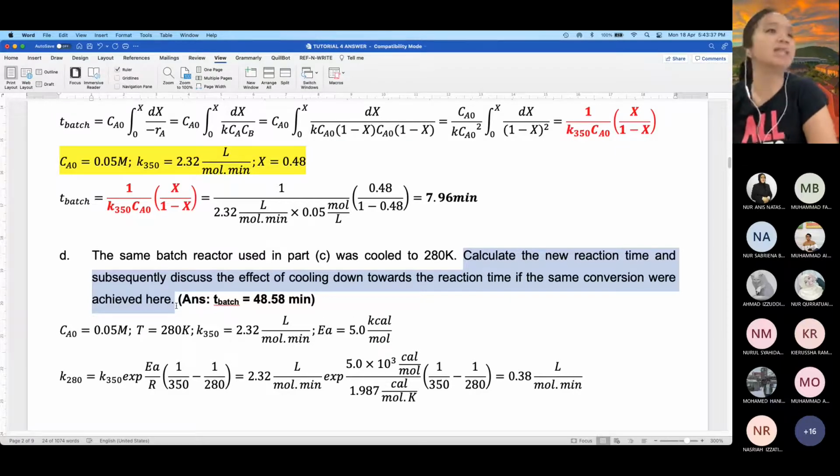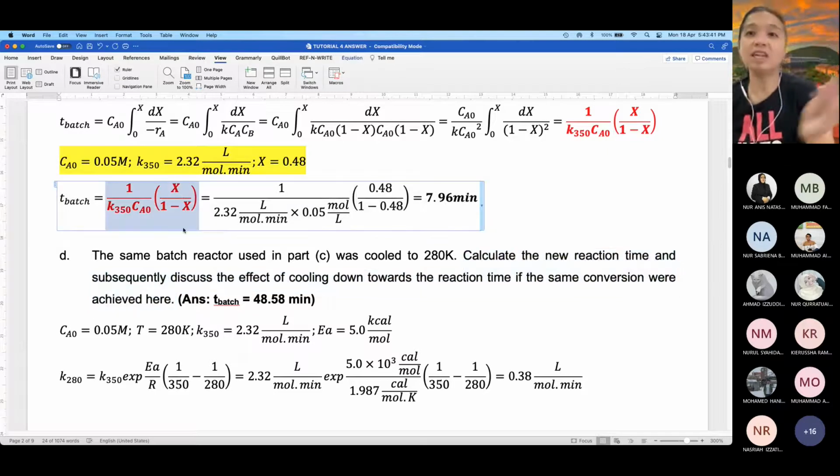Let's say you are not sure, just refer back to part C, where we derived the equation to find the reaction time.